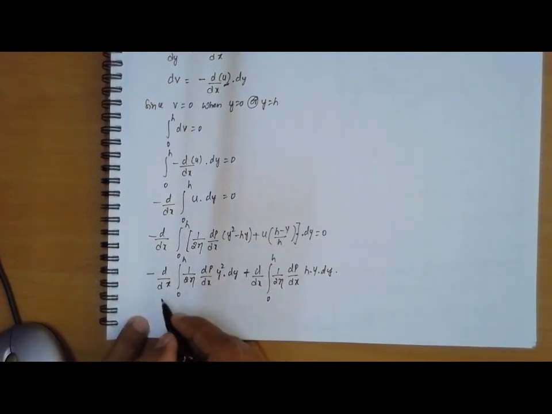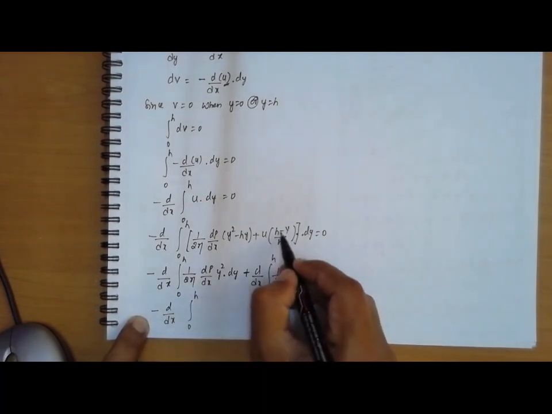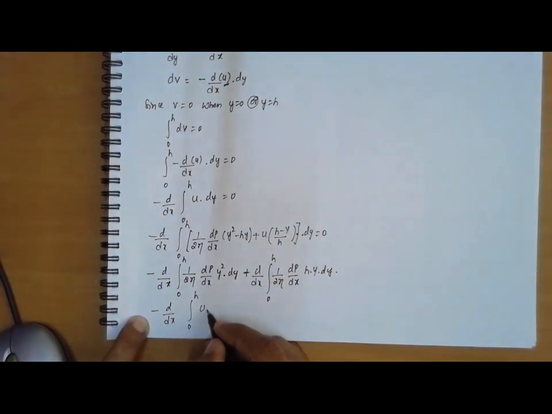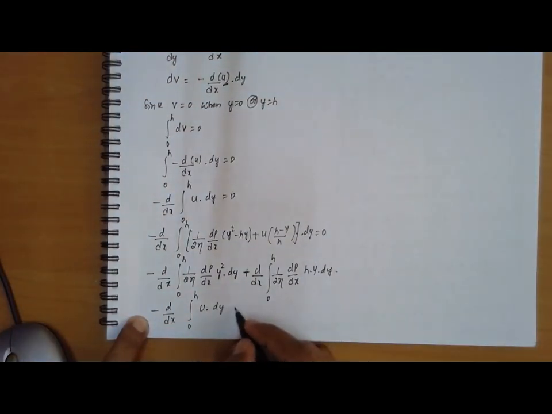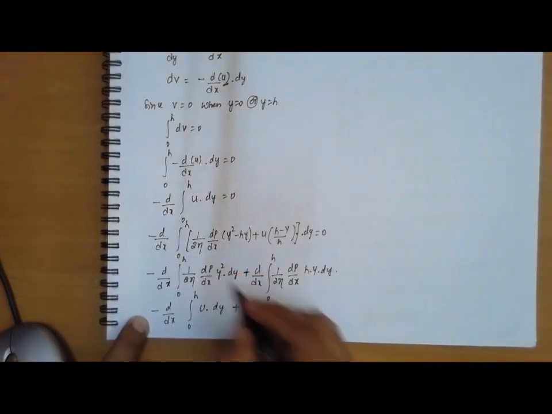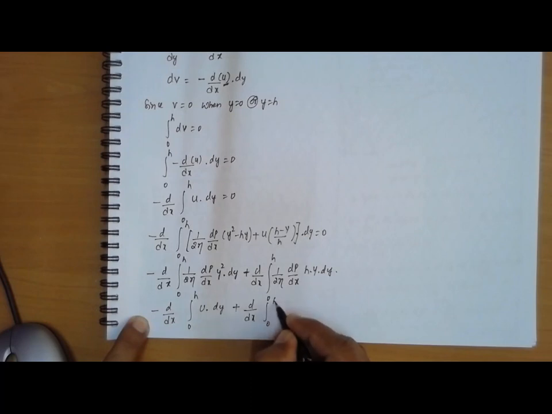And finally we take this term, plus into minus, so it will be minus d by dx of the integral from 0 to h, so h and h will get cancelled, so u into dy. Plus, now minus into minus will become plus d by dx of the integral from 0 to h.